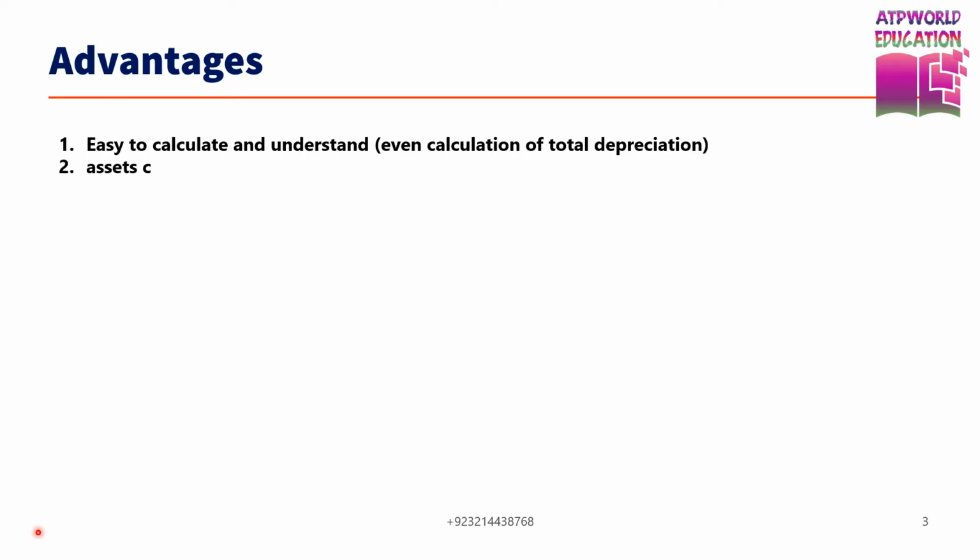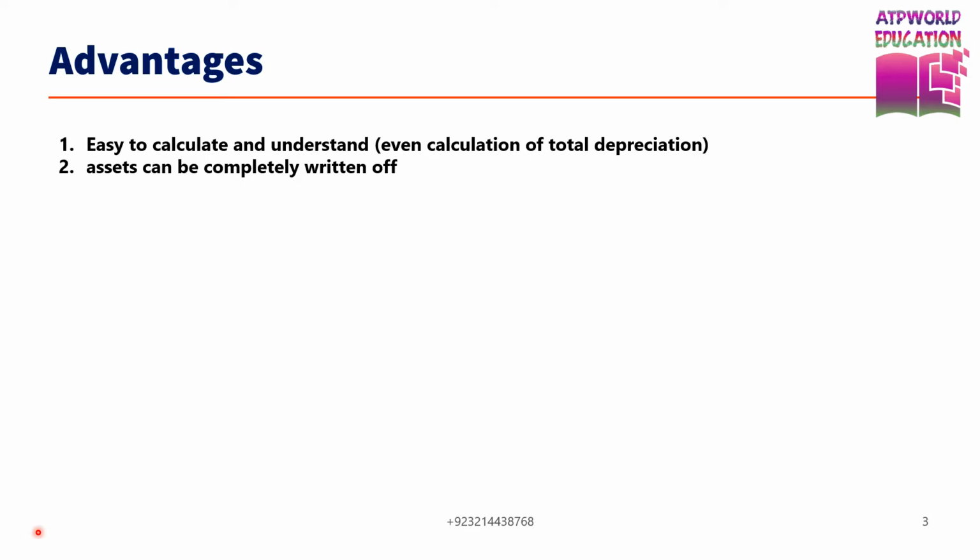Second advantage, assets can be completely written off in their useful life. Means you are charging a fixed amount of depreciation each year, and after its useful life it may completely write off that asset if there is no scrap value.